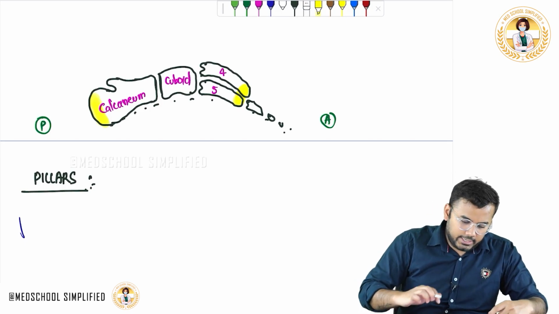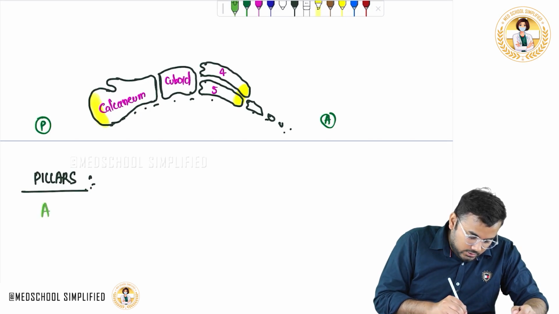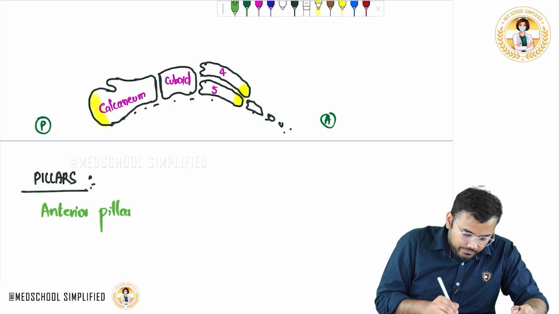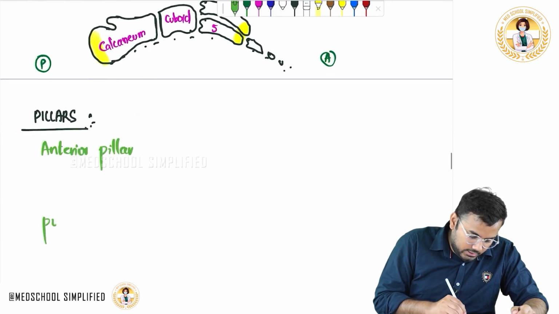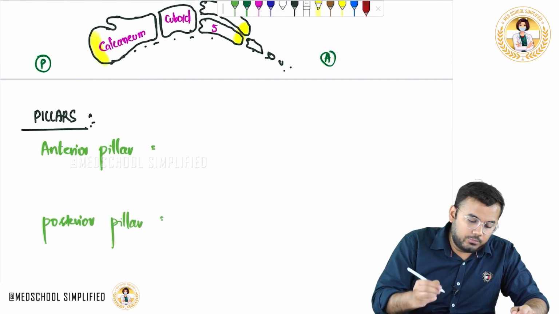Okay, so there are two pillars over here. One is called the anterior pillar and the next one is called the posterior pillar.